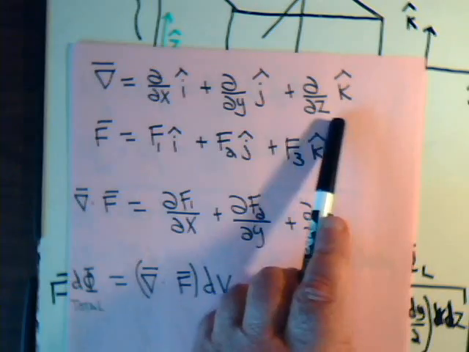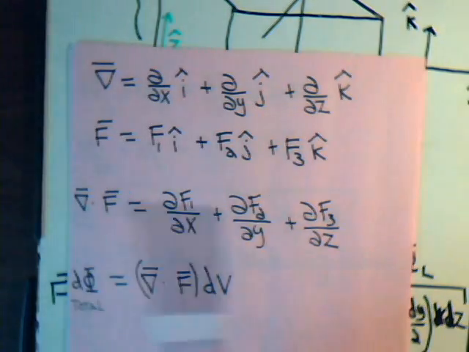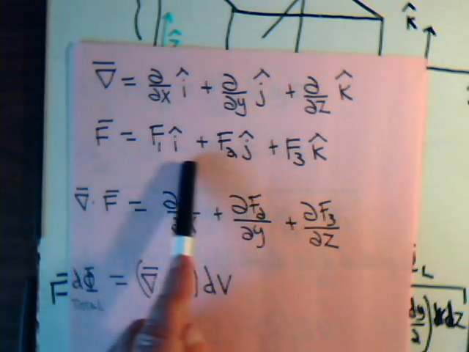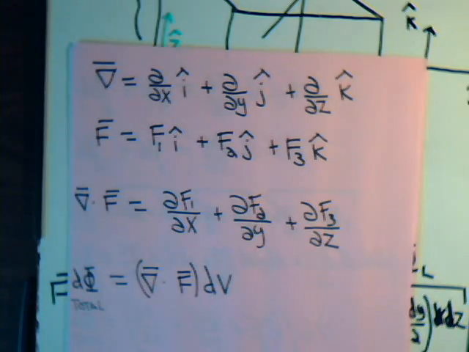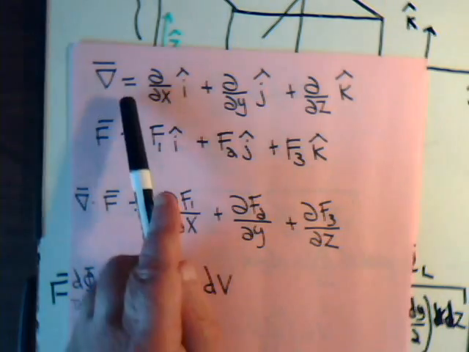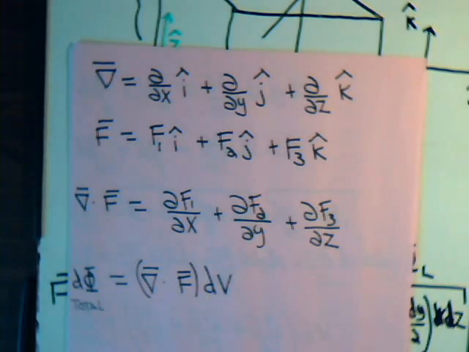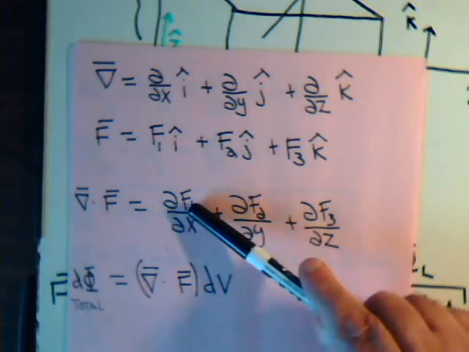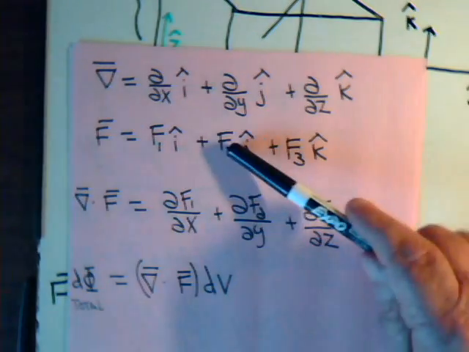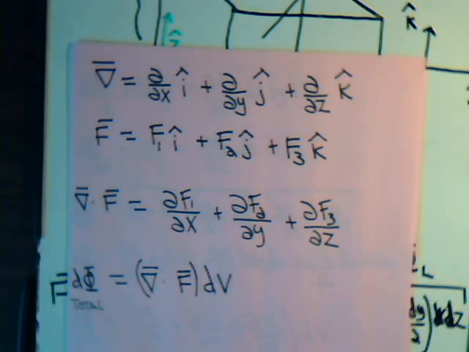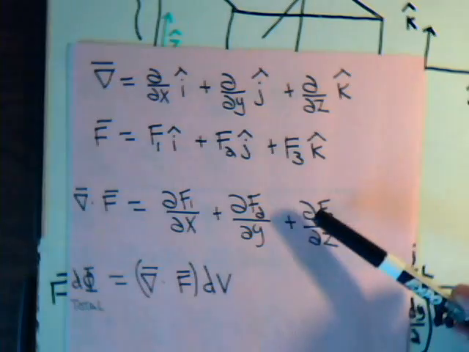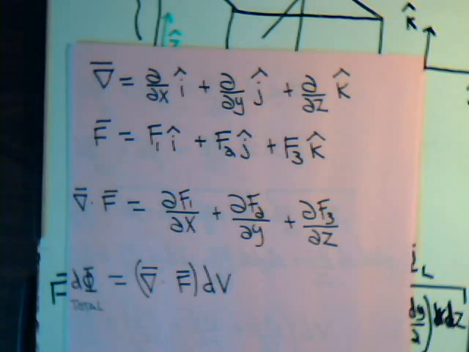This is the expression for the del operator. Here's our vector f. If we take the dot product of our del operator with the vector f, that will just be the partial of f1 with respect to x plus the partial of f2 with respect to y plus the partial of f3 with respect to z.